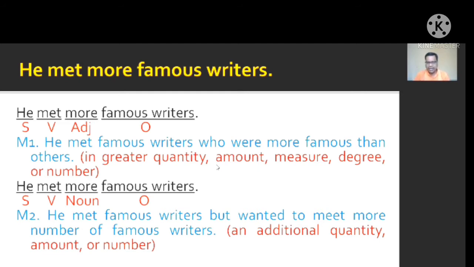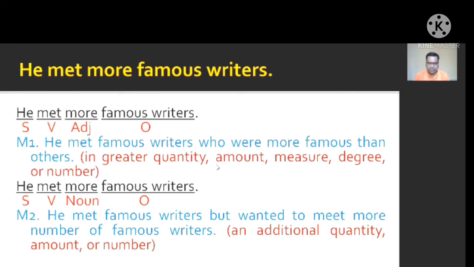And when I'm applying more as a noun, it will give you the sense of an additional quantity, amount, or number. Get it? I'm using it as a noun. You can refer to the dictionary. And finally, you have the fourth element, that is famous writers. It is a noun phrase functioning as object of the sentence.